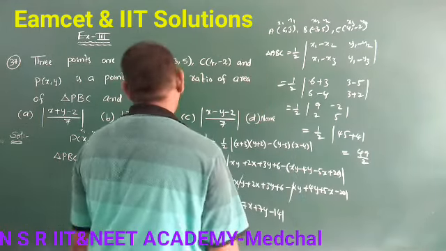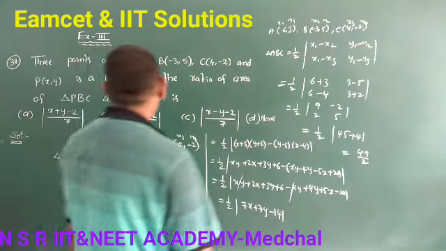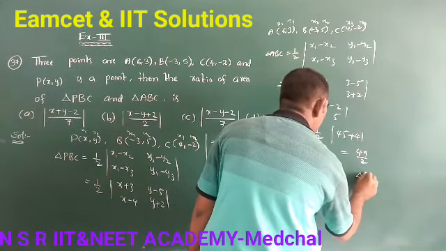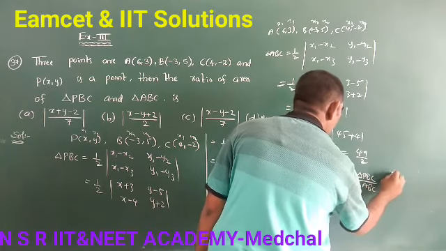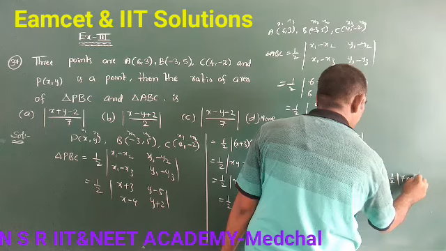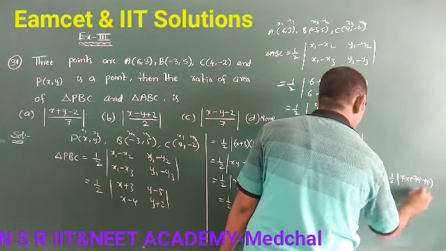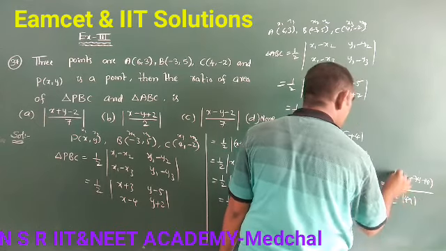Now find the ratio of triangle PBC and triangle ABC. Area of triangle PBC by area of triangle ABC equals half mod of 7x plus 7y minus 14 by half mod 49. The halves cancel.